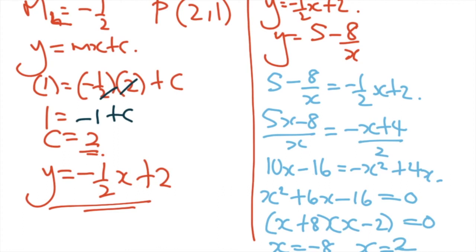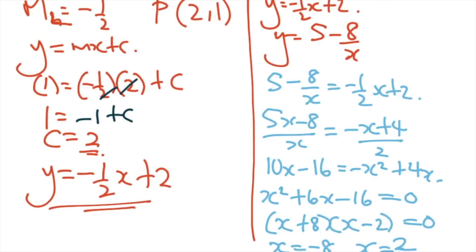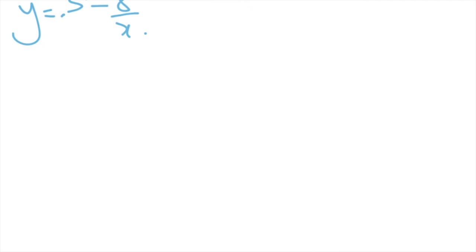So y equals 5 minus 8 over x. Okay, we can take either the curve or the normal equation to find the y coordinate.